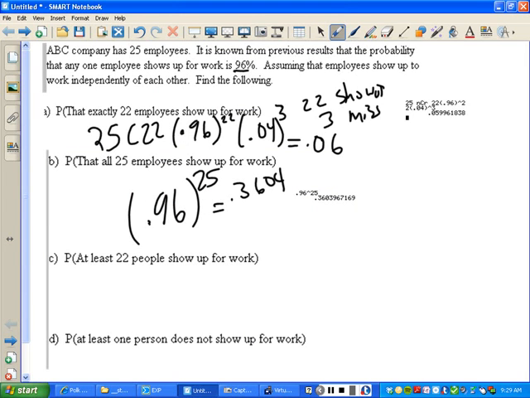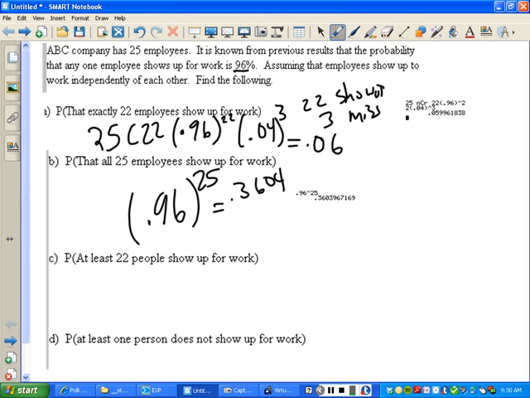Okay. Now, what's the probability that at least 22 people show up for work? That would be a good guess, 1 minus the probability of the other one. That's everything other than 22 people showing up.